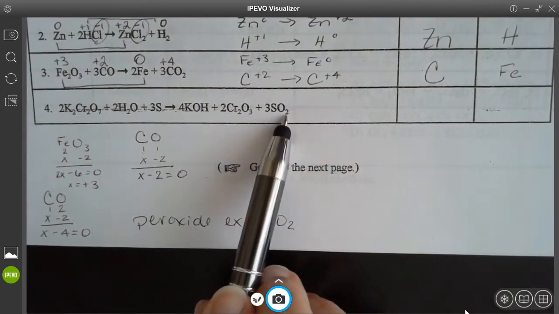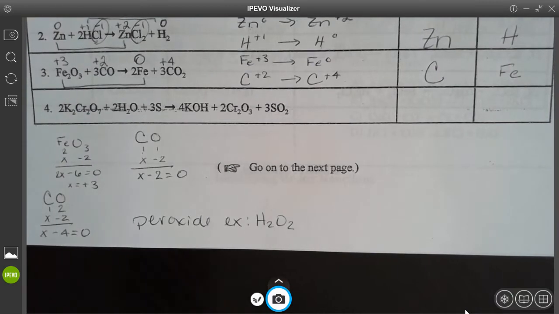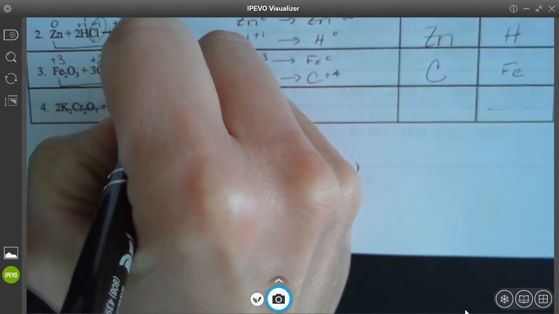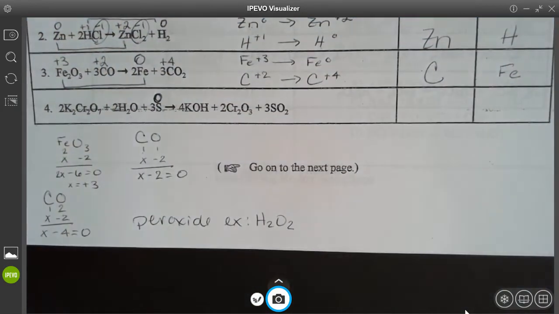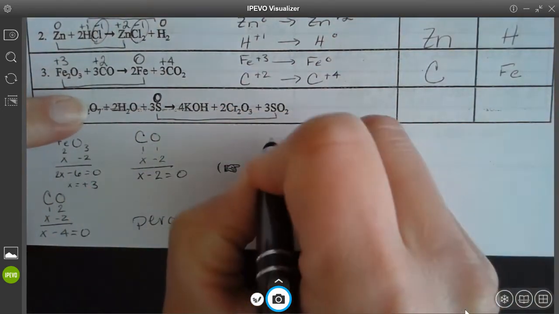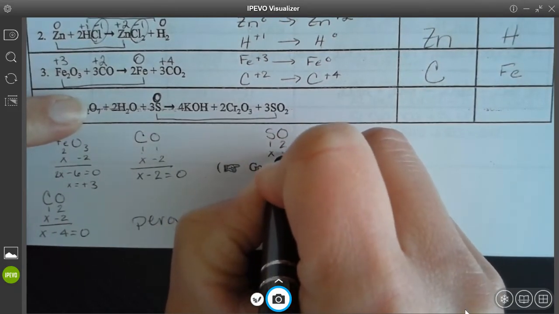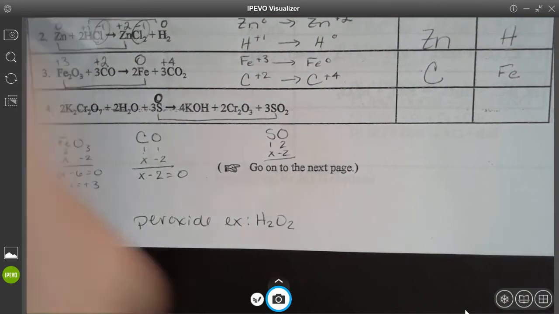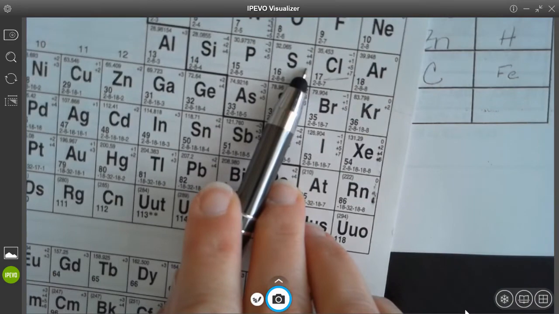Okay, this next one is a little bit much. There's a lot going on, which means we're still going to start with, are there any free elements? And yes, sulfur is a free element. Which means I'm going to focus on this change right here. We've got sulfur dioxide. If I want to, I can check over here. Sulfur has multiple oxidation states.